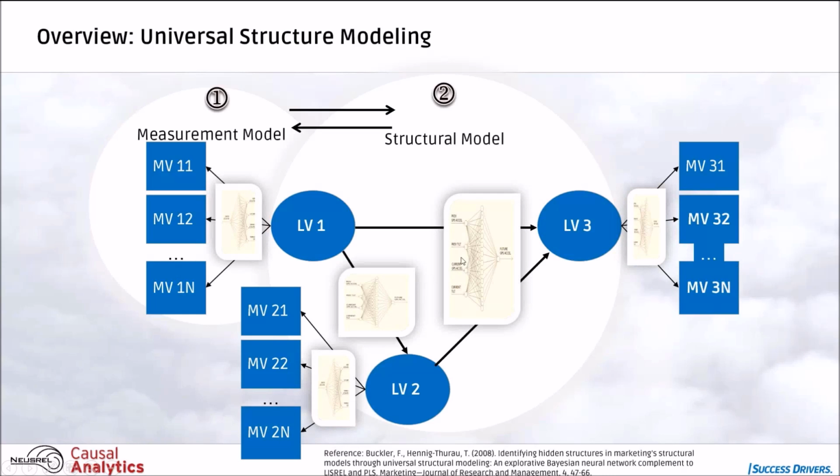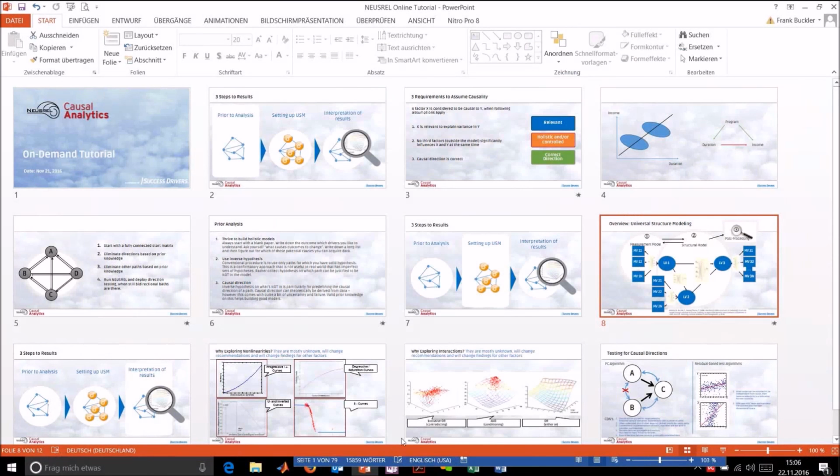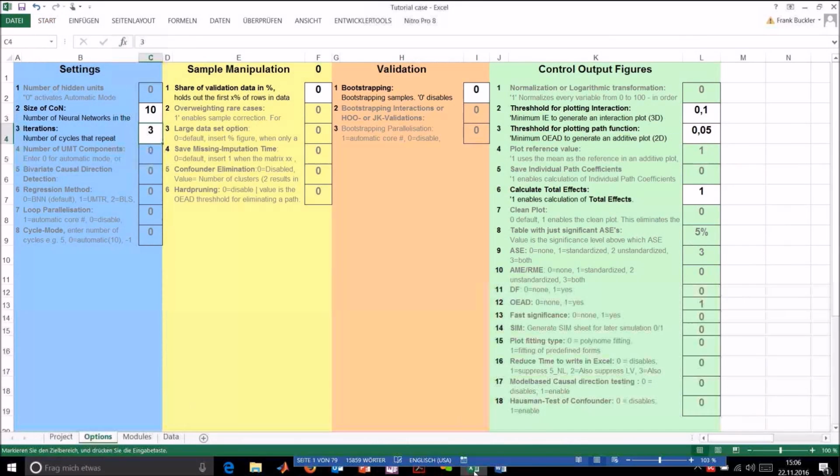And all this must not be linear, but can be nonlinear as well. And in this way, we recommend to do at least 3 iterations. But this is only needed if you have latent variables in here, latent variables which are influenced by other variables in the structural model.